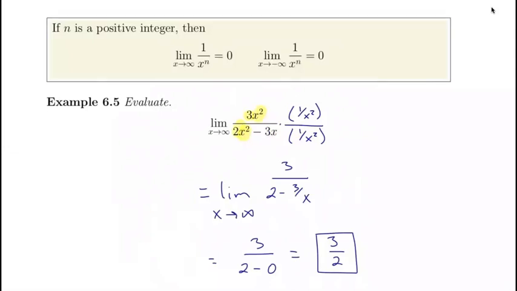Now that's fine in polynomials, and that'll be easy to do, but we won't always be working with polynomials. And this trick will be critical to help us figure out what's going on with a rational expression, so a ratio of two functions. So let's keep that in mind.